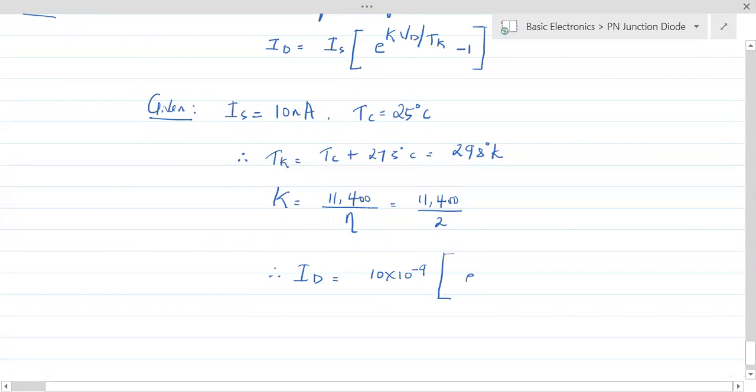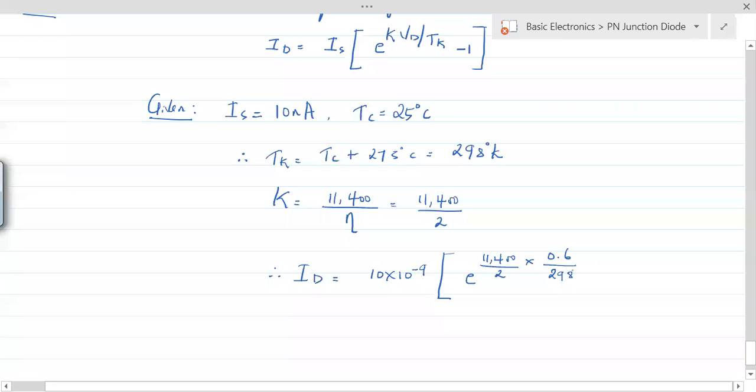Then e power K, which is 11,400 divided by 2, times VD, the applied voltage, which is 0.6 volts, divided by TK, the temperature in degree Kelvin, that is 298.